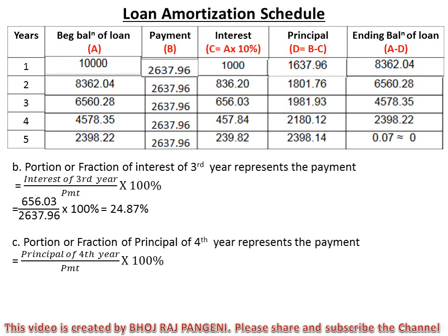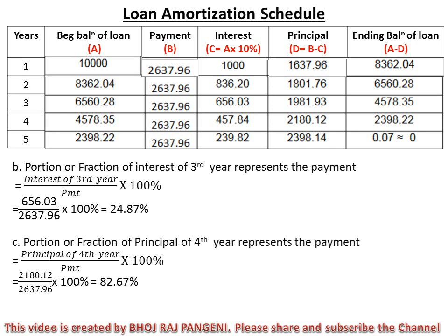Rupees 2180.12 is the principal of fourth year, and the payment we know is 2637.96, and we get 82.67%. What does it mean? It means that 82.67% of the payment represents the principal of fourth year.